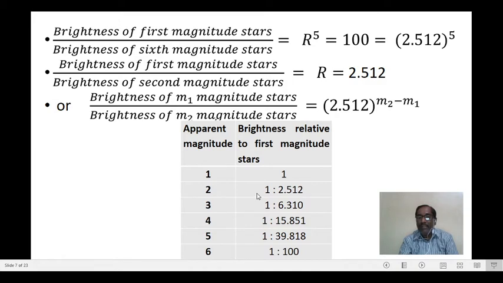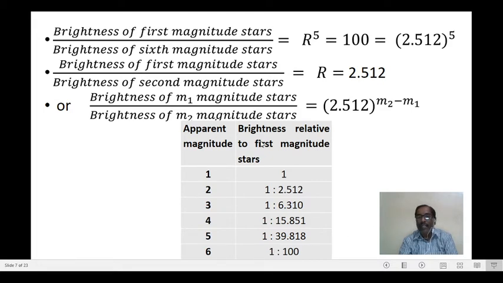Brightness of second magnitude stars relative to first magnitude stars is 1 is to 2.512. Third magnitude relative to the first is 1 is to 6.31, and so on. At the end, brightness of sixth magnitude stars relative to the first magnitude stars is 1 is to 100.